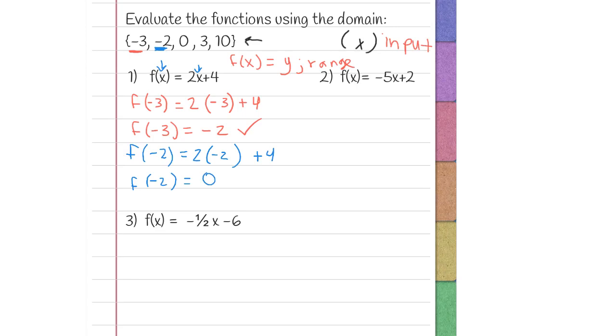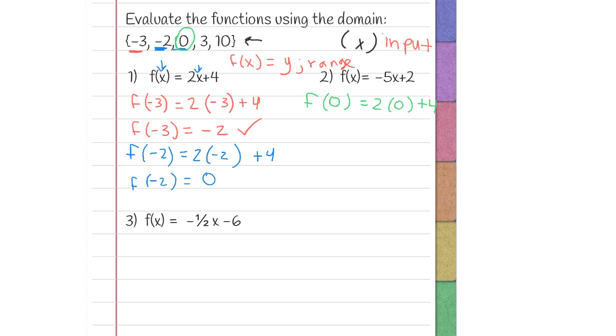Now let's go ahead and do the next one. The next one is 0. So I have f. What's my input? I'm not going to put x anymore because I know what the x is. The x is 0. So I'm going to put 0 in there. And I'm going to do 2, open parentheses plus 4. What's going to go inside that parentheses? Well, the 0, right?